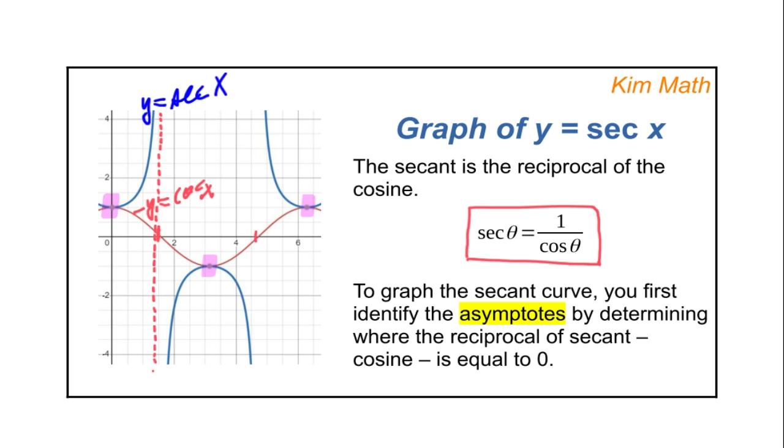And here this is the asymptote. Why? When cosine x approaches 0, secant x will approach infinity. That's why in this case x equals pi over 2 or x equals 3 pi over 2 is the vertical asymptote. Okay?